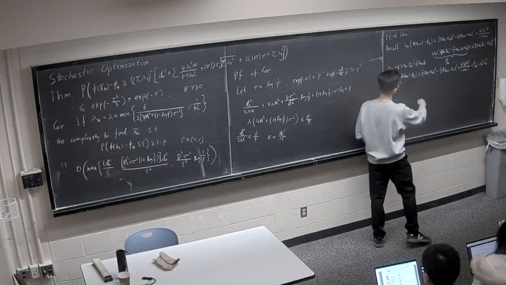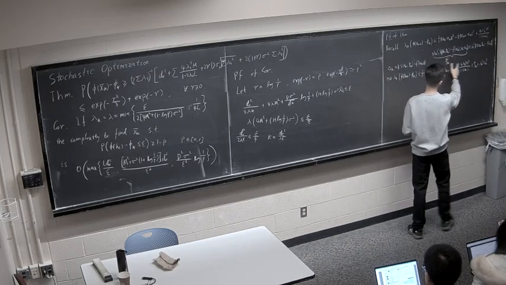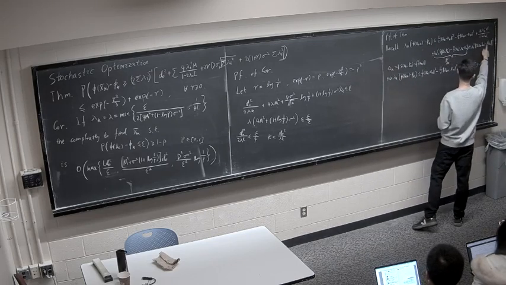We just call this zeta k, and this term becomes lambda squared delta k squared.